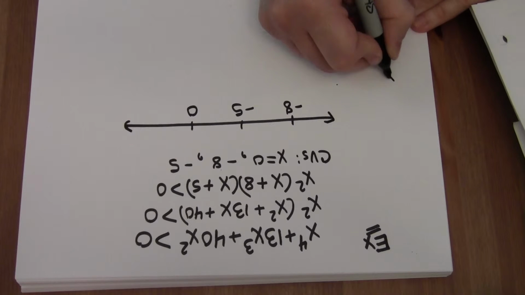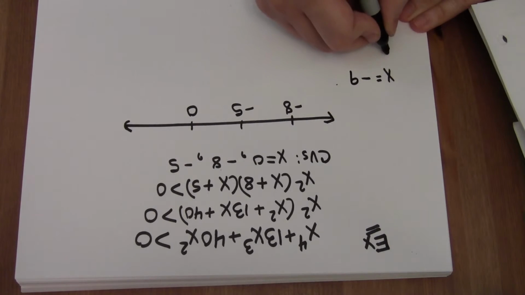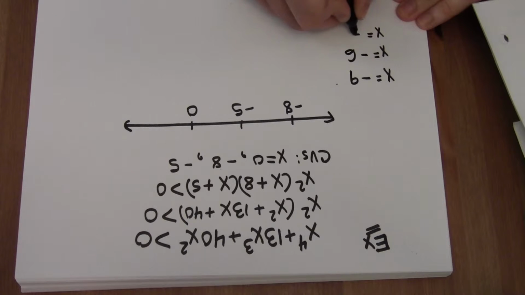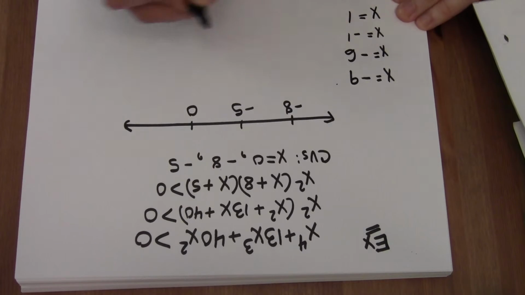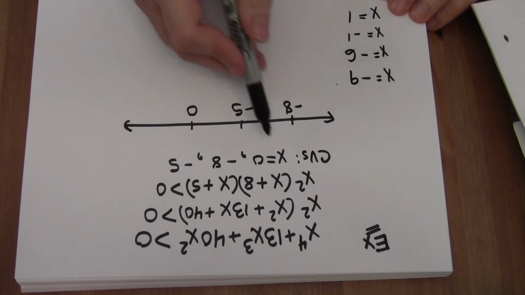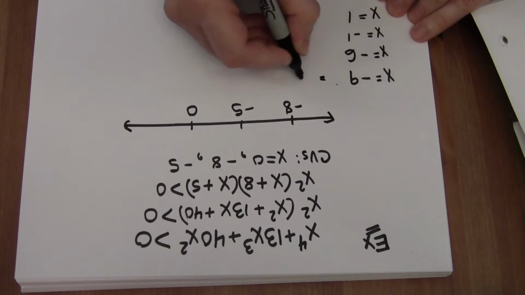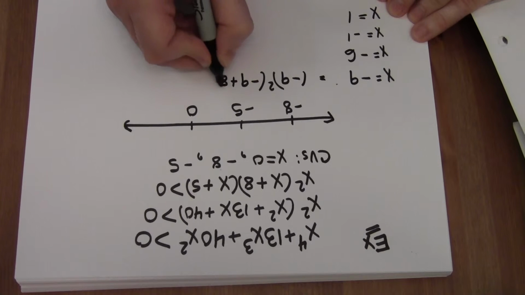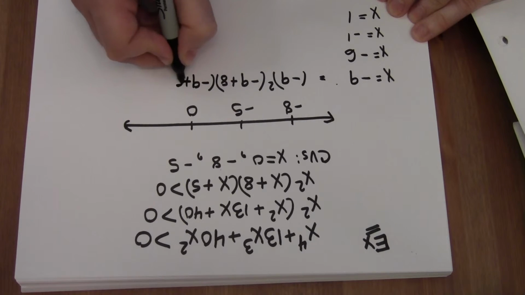For my test values, how about I plug in negative 9, negative 6, negative 1, and positive 1. I'm going to plug into the factored version. When I plug in negative 9, I get negative 9 squared times negative 9 plus 8 times negative 9 plus 5.